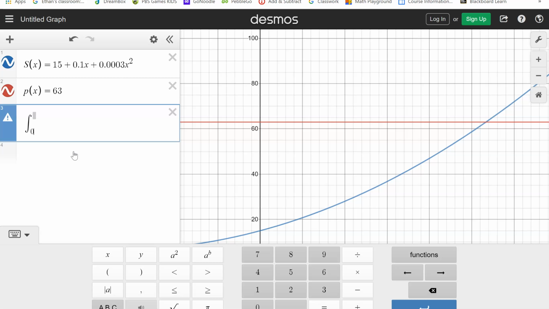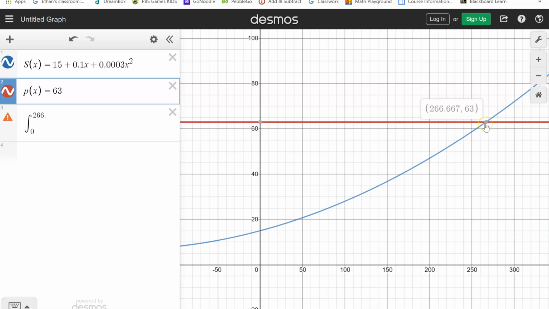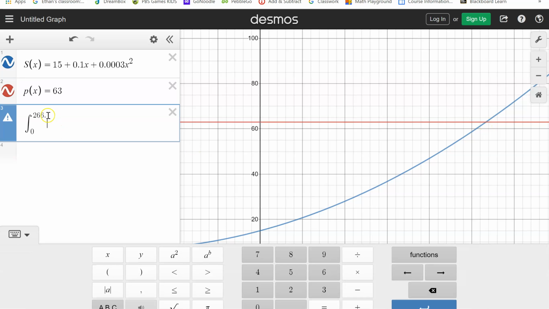So I'm going to go from 0 to that point of intersection, which was 266 point, I don't want to round till the very end. So let me find that again. 266.667. Okay, point 667. Oh, woo.